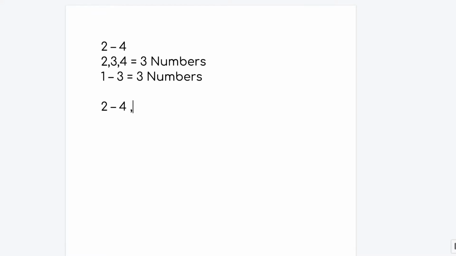You may notice that the difference between each pair of numbers is the same. So 4 minus 2 equals 2, and 3 minus 1 also equals 2. This is not a coincidence. This is always correct.